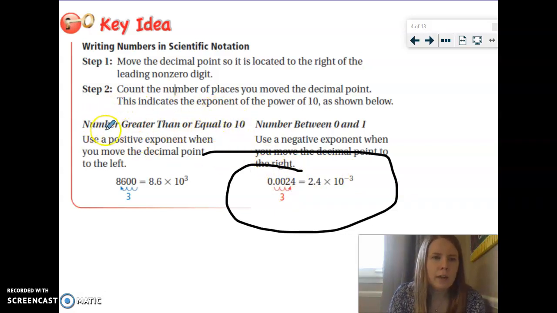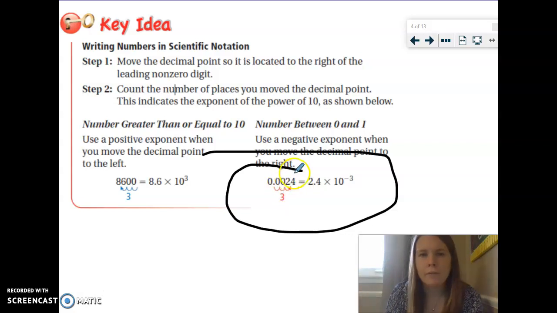This one then is your number greater than or equal to 10. So it's a large number, and you want to make it look a little easier to write by writing it in scientific notation, then you're going to have that positive exponent. Now this one's a little tricky because in theory, when you move this direction you would think that you're moving in the positive direction, thinking about your number line.